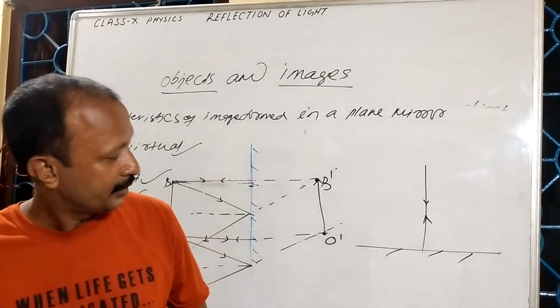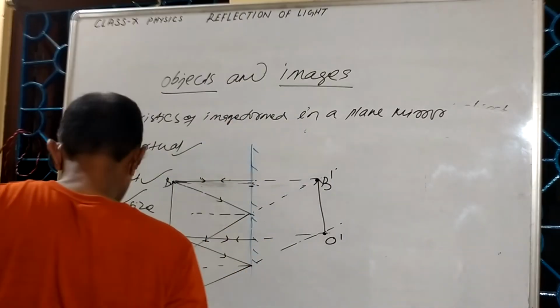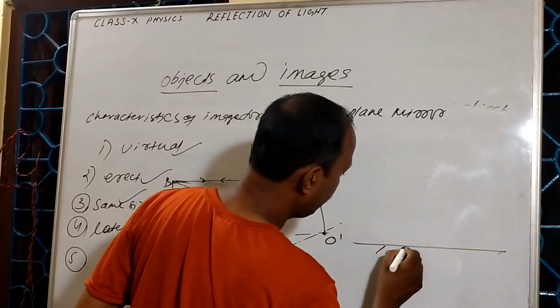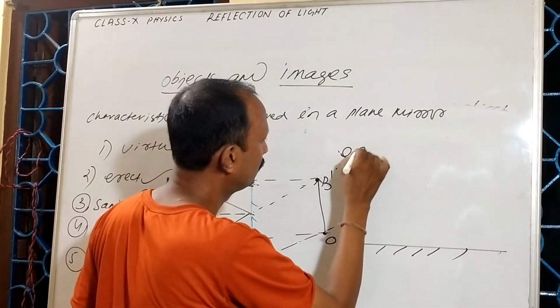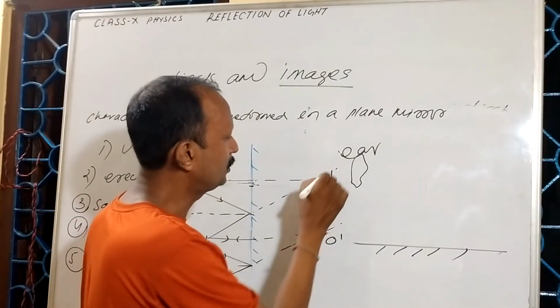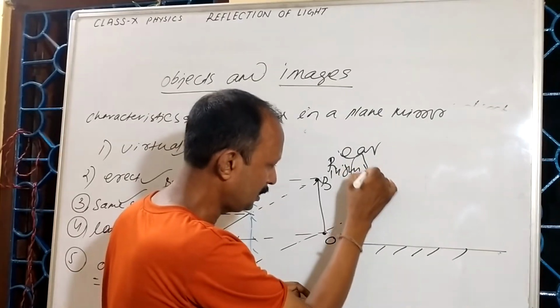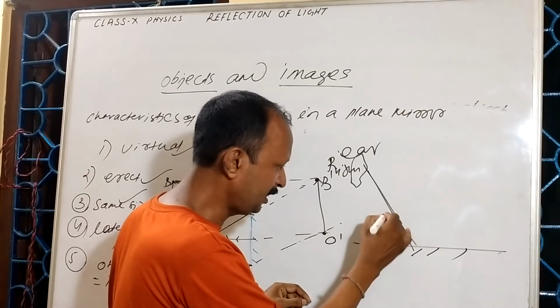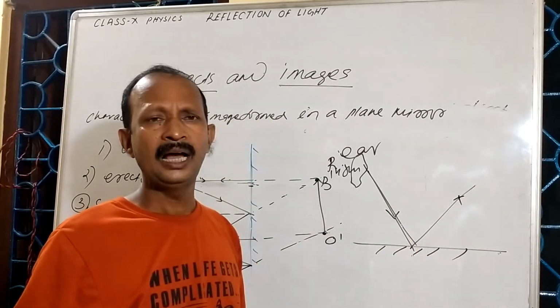Why is it happening? Can you say? You see that, for example, this is the plane mirror. This is your right ear. Light came from this ear. Light came this way, but on reflection it goes in another way.